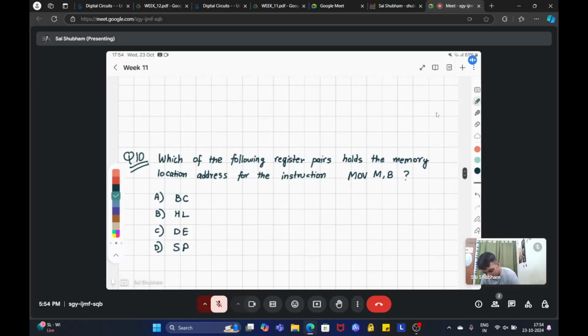Which of the following register pairs holds the memory location address for the instruction MOV M, B? So options are BC, HL, DE, and SP. SP is the stack pointer.